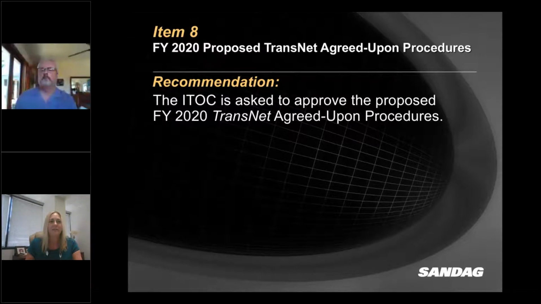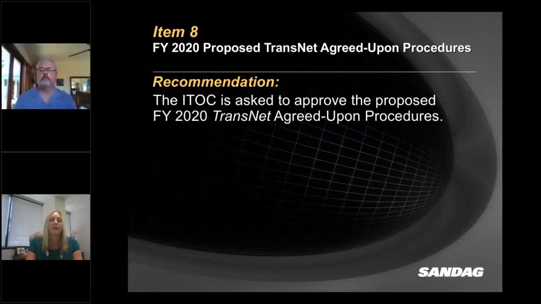Thank you, and good morning, committee members. Last month, ITAC approved the final fiscal year 2019 TransNet agreed upon procedures, and we are in the planning stages for the fiscal year 2020 agreed upon procedures, and we're seeking your approval for those procedures today.